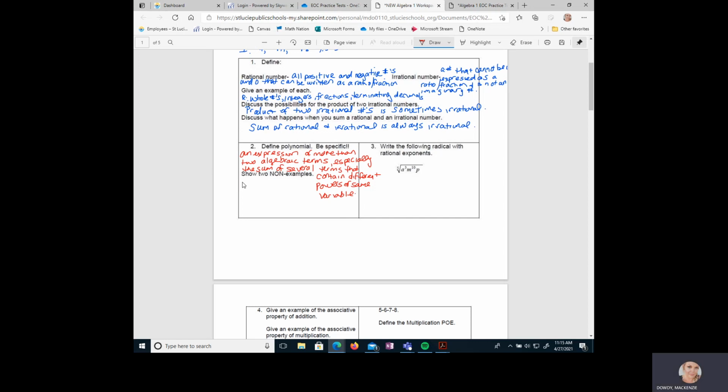Okay, I'm going to write on here also: no division by variables, no fractional exponents, no negative exponents.